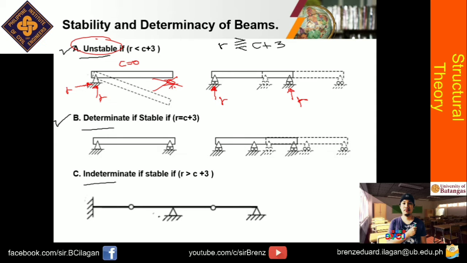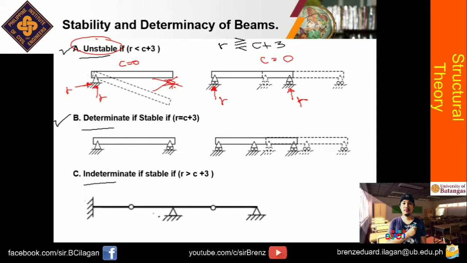Okay, so meron ka bang nakitang internal hinge o internal roller sa ating figure? Tama. Therefore, C is equals to 0. So when we apply the equation R is greater than or equals or less than C plus 3, our equation will be R. So ilan ang R sa ating problem? So sabay-sabay nating bilangin guys. So 1, 2.